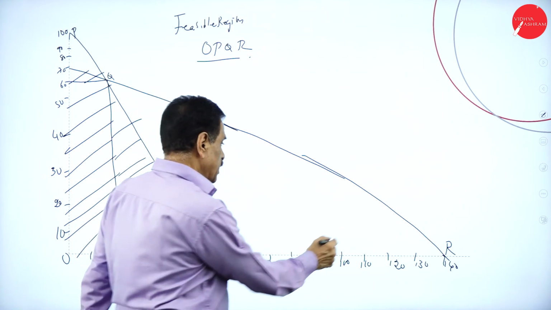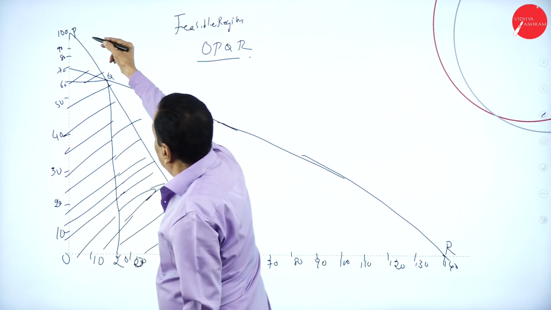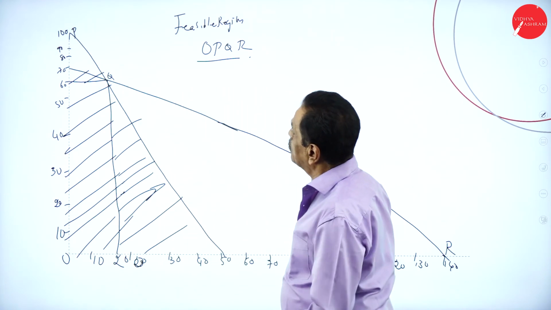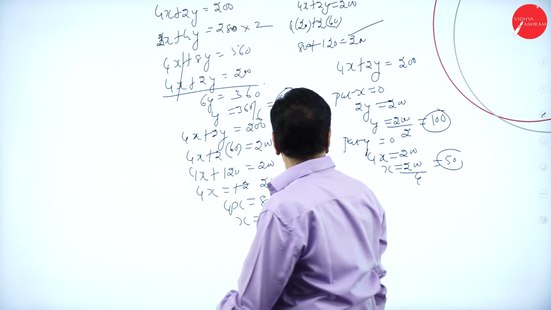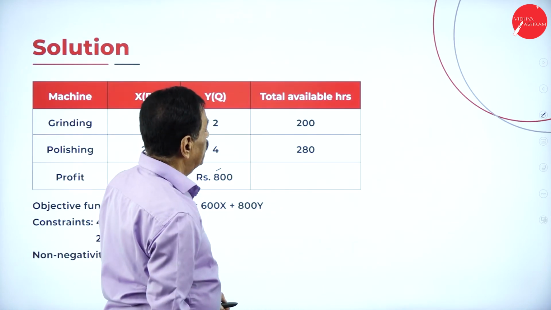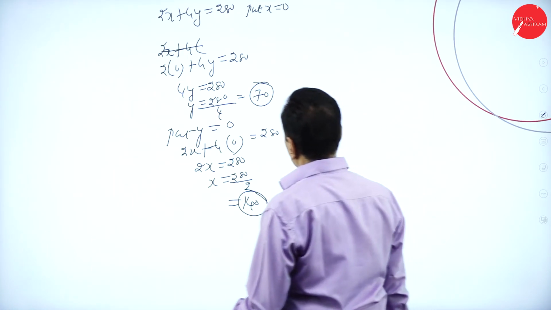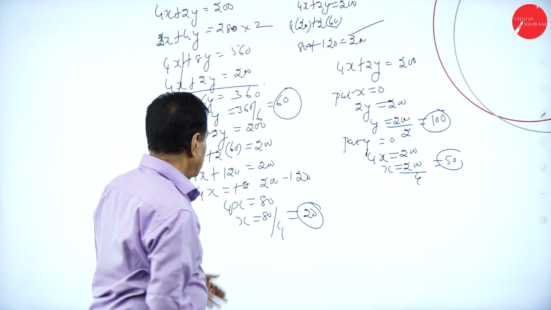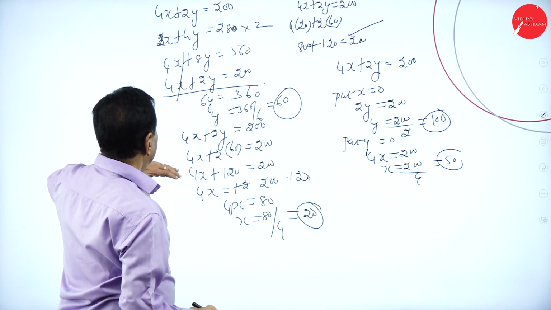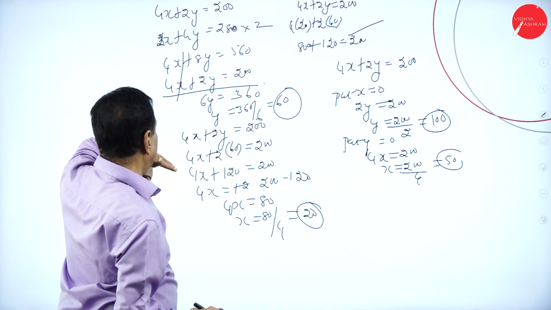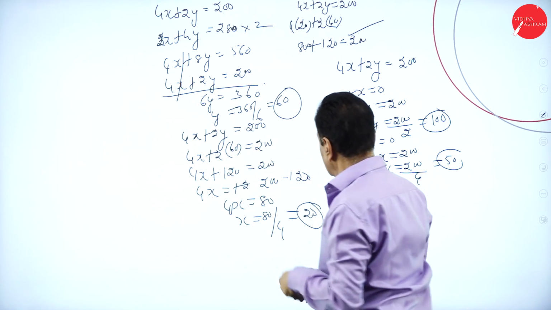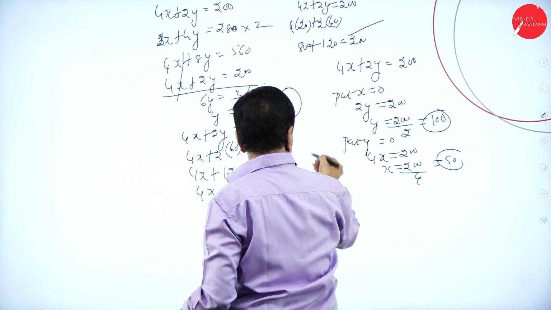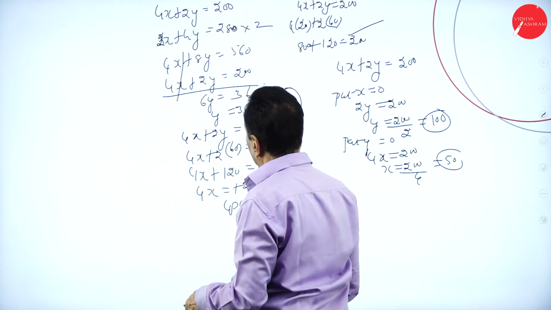140 as R on the X axis, this is for the Y axis, this is for both. So X cuts, you solve the equation. First you solve the equation. See that when you solve the equation, how much you got? The Y value is 60, the X value is 20.